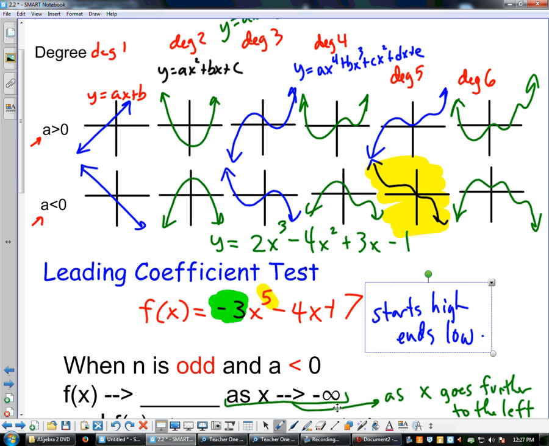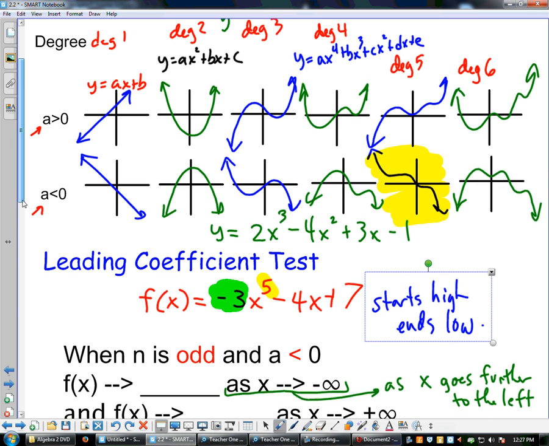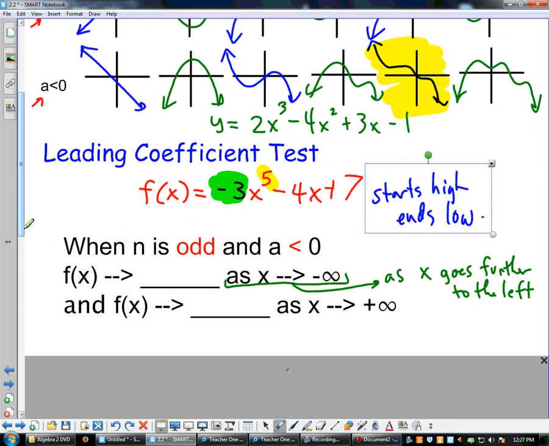That's the one? So as x goes further and further to the left, what's happening to the function? It's going up or down? It's going up. So we're going to say that the function itself is heading towards positive infinity. So what we're going to write here is f of x approaches positive infinity as x approaches negative infinity.